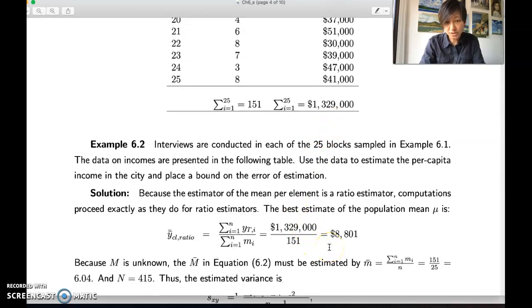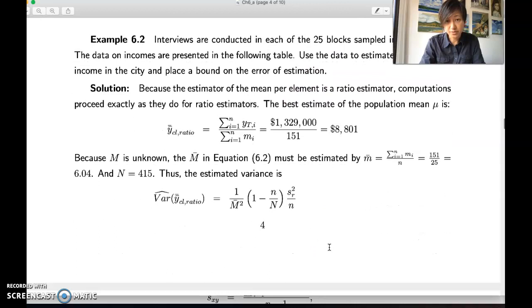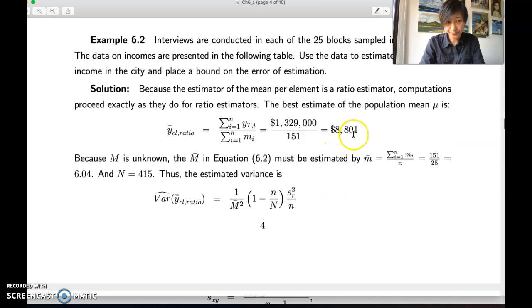So on average, per capita income is around 8,801. In this case, we don't have the total population number, so we don't know the average cluster size in the population, but again, we can estimate it within our sample.